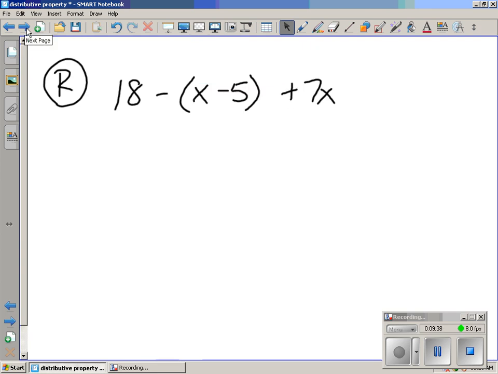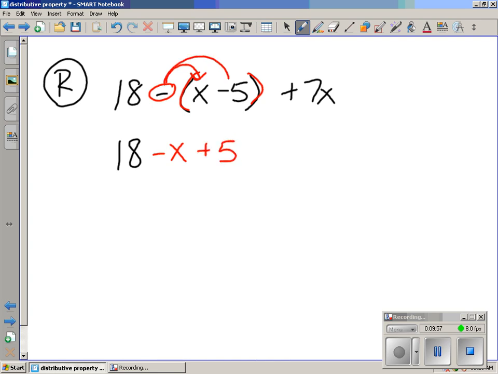Letter R. 18, and I'm going to use that opposite way of thinking. So it's the opposite of the entire set of parentheses. The opposite of +x is -x. It's like I took that negative to the x. And then the opposite of a negative 5 is a positive 5. Once again, it's like I took the negative to the 5, and negative 5 gives you positive 5.